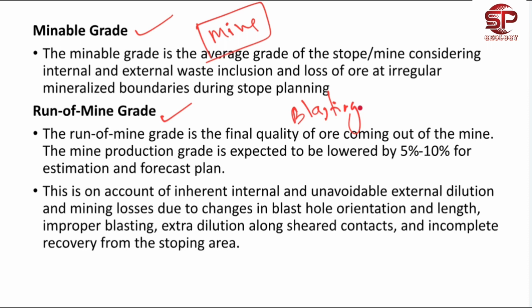So after blasting, the ore is extracted and spread in the whole area. So in that area they take samples. After taking the samples, so ROM sampling, I have told you about ROM sampling, that is the thing. So they take that ore to get an idea of what will be the probable grade.